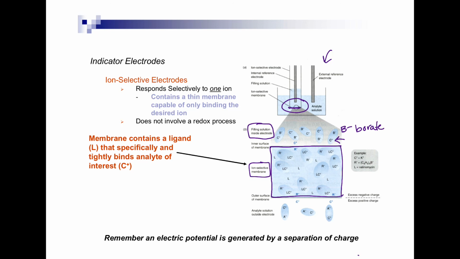And what's going on in here is we have some R minus. Those are usually tetraphenyl groups that are attached to borates. So R minus, oh, it even has it right here. Okay, so that's basically a tetraphenyl group attached to the borate. It does the same thing as the borates do up here.